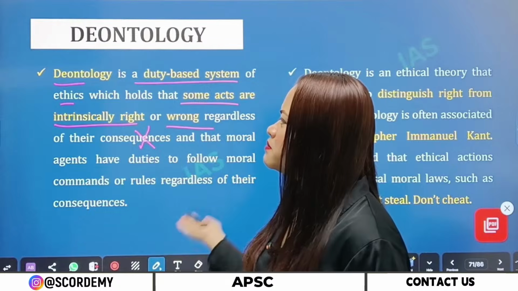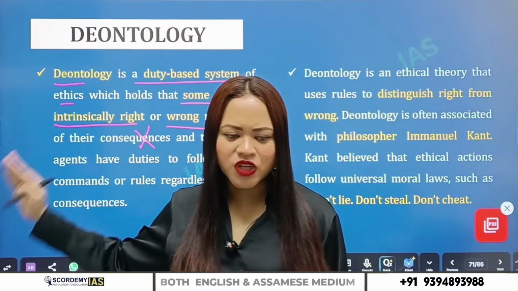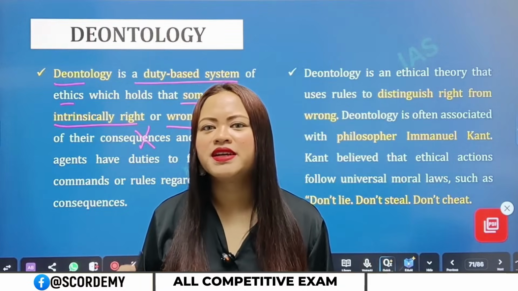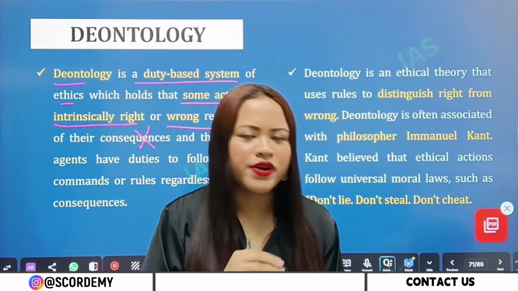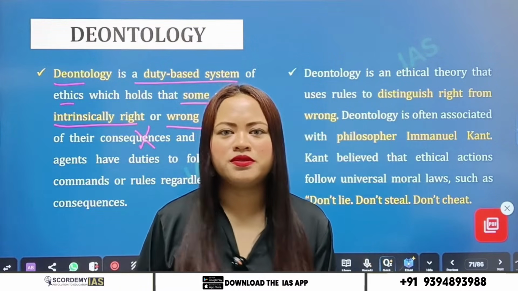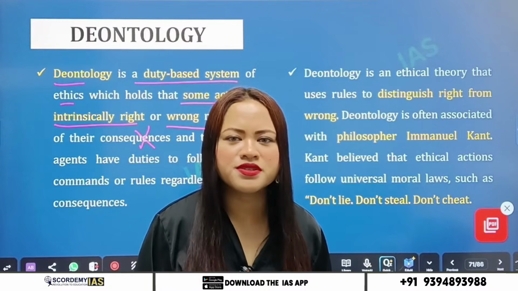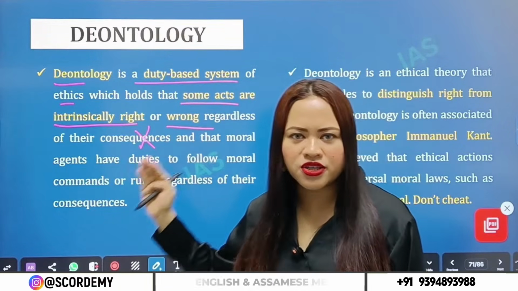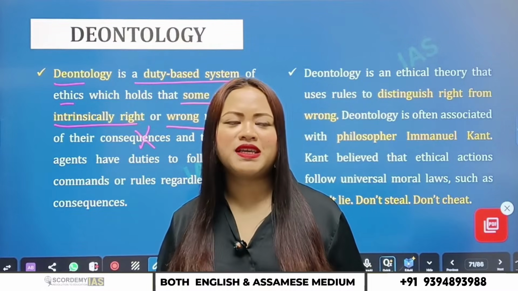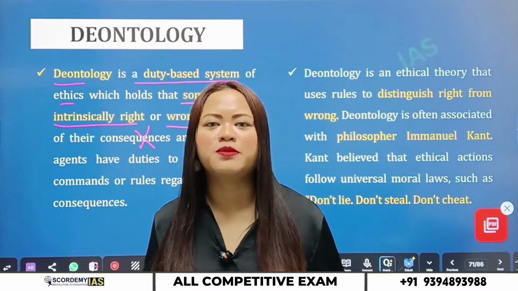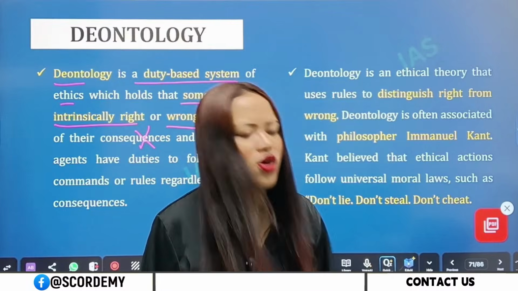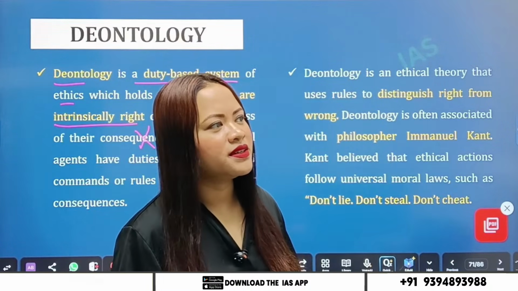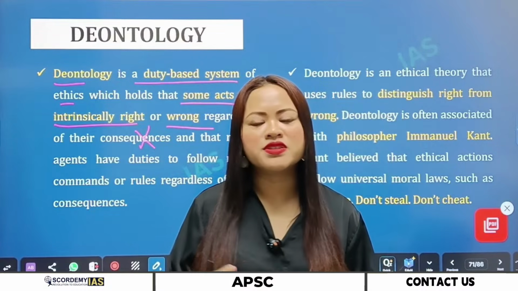That means, going back to the example from when we were studying utilitarian theory, we said that giving a death sentence or executing terrorists is good because it is saving thousands of lives. But a strict deontology would argue that killing someone, or executing someone, is inherently wrong, no matter what the outcome is, no matter if that act saves thousands of lives.